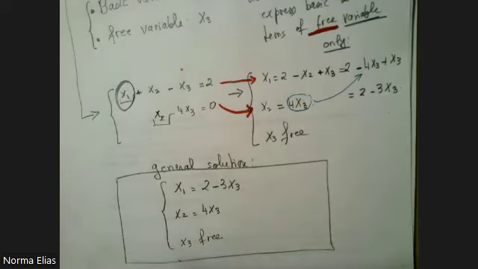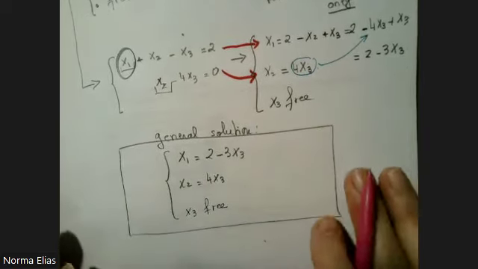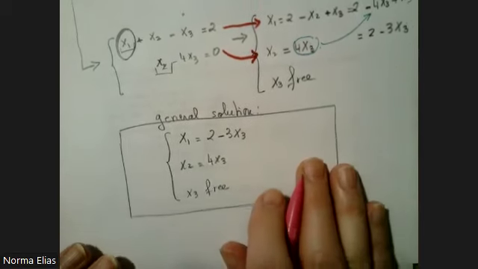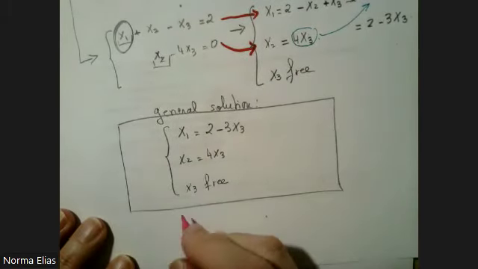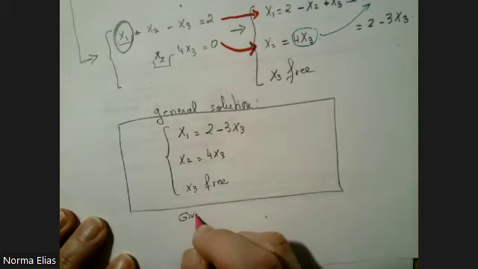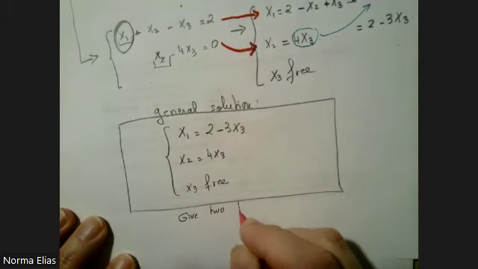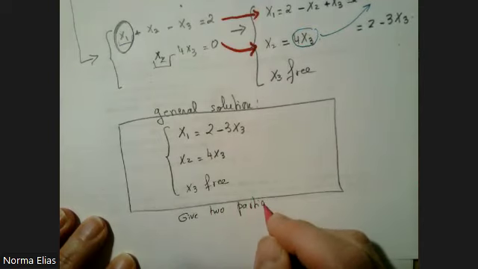And that's how we represent the solution of the system. Now it's very clear. So let us say I ask you to give two particular solutions. These are the general ones. Suppose I tell you, give two particular solutions, anything you want, specific ones.